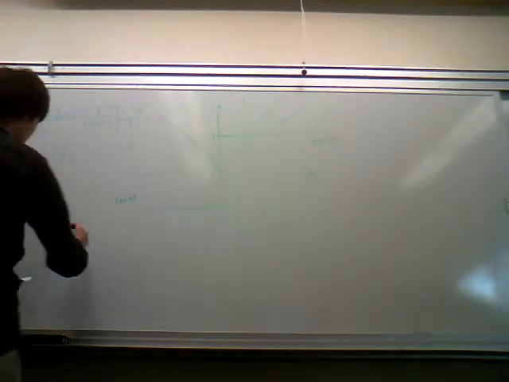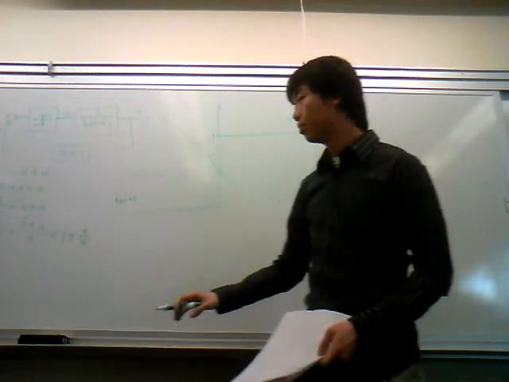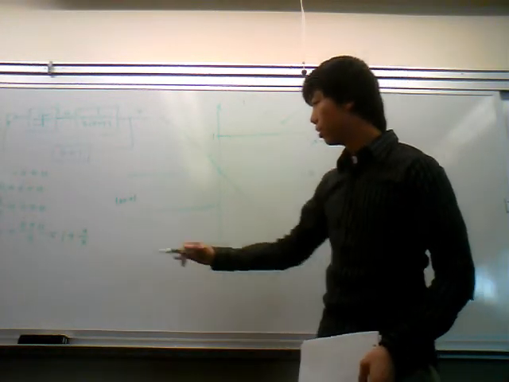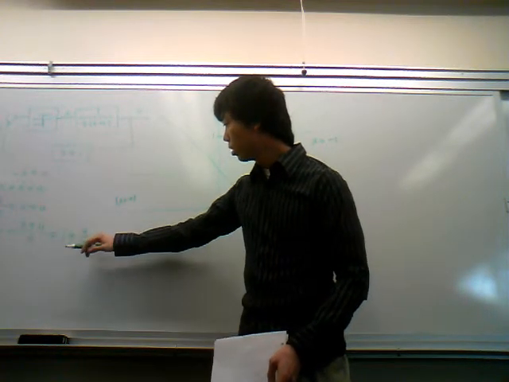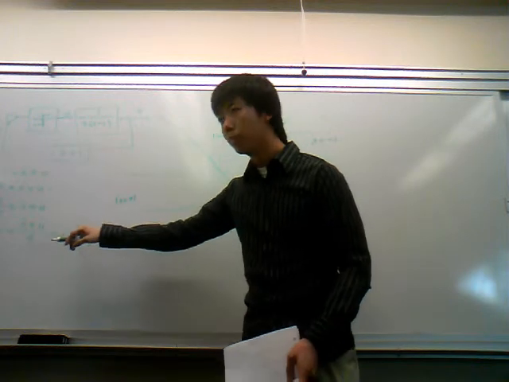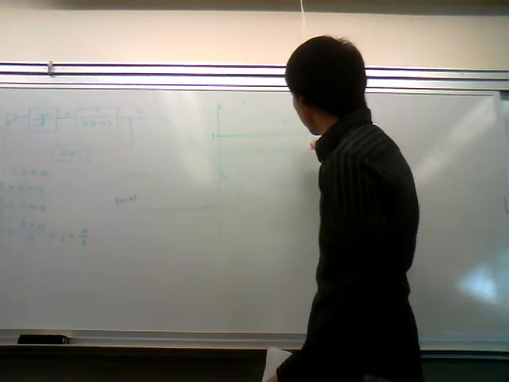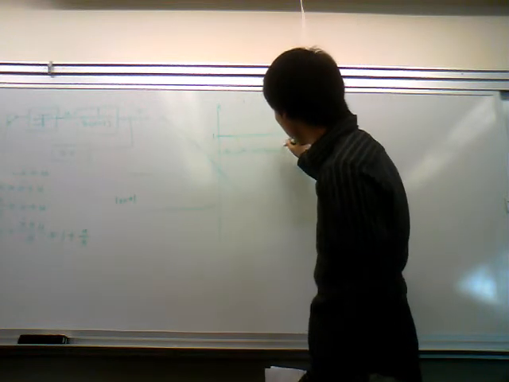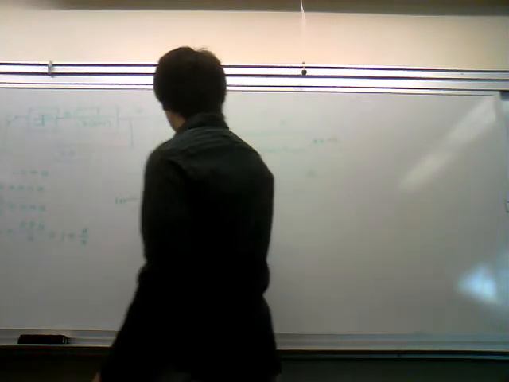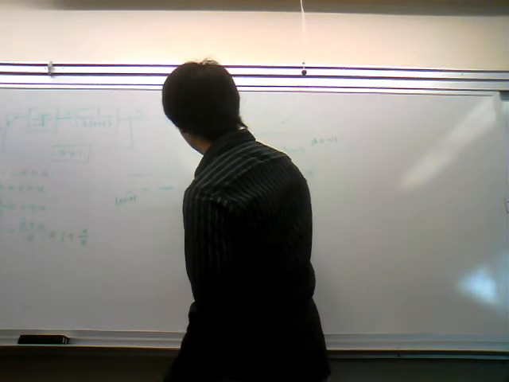If u is negative 1 and x dot is say 0.5, then you have negative 1 over, so that's 2, so negative 2, so 1 minus negative 2, you get negative 1 slope. So on this line you get something that looks like this. On this line you get something that looks like this.